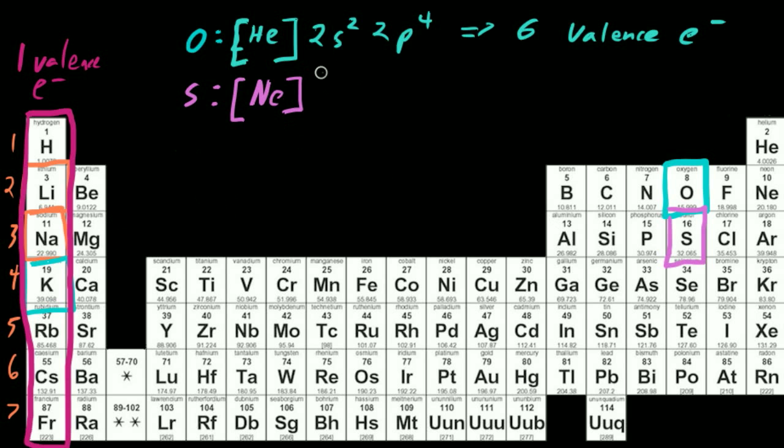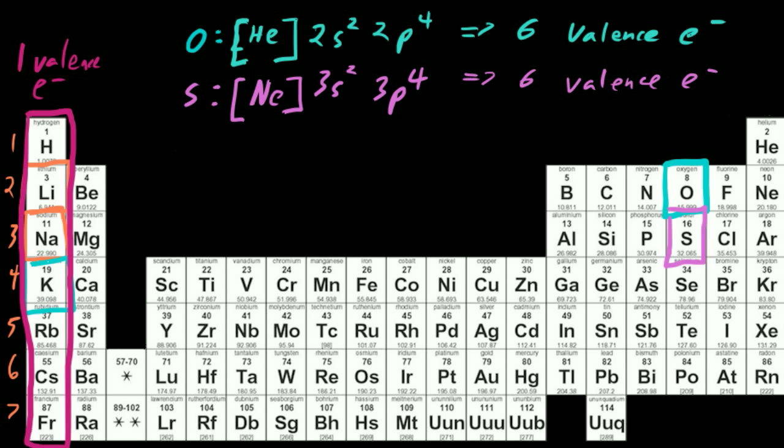Well, it's going to have 3s2, 3p4, right? And we can see neon doesn't have any third level electrons. Again, sulfur is also going to have 6 valence electrons.